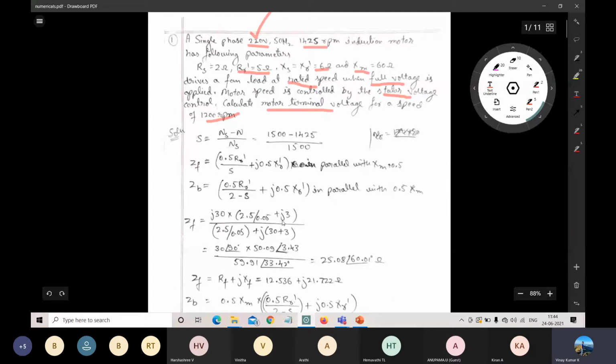This is divided by R1 plus R2, that is j30 plus j3, so j of 30 plus 3.